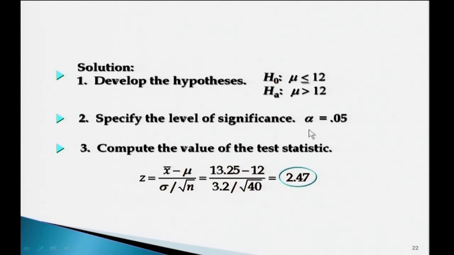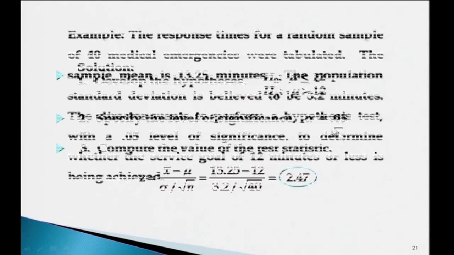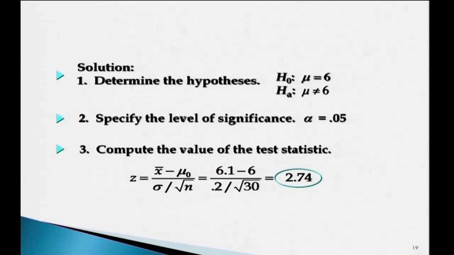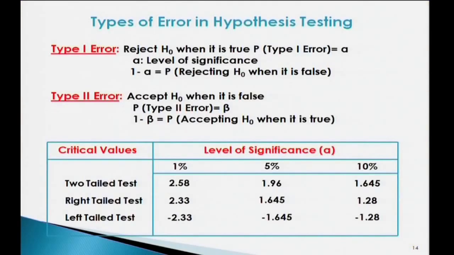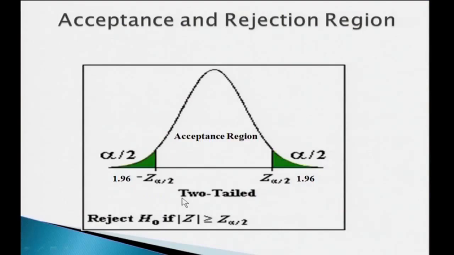So, under 99% confidence, the z value, if you look at that, is 2.33, right, in one tailed. In two tailed, it is 2.58, in one tailed it is 2.33.